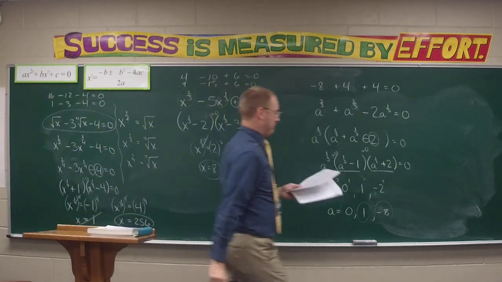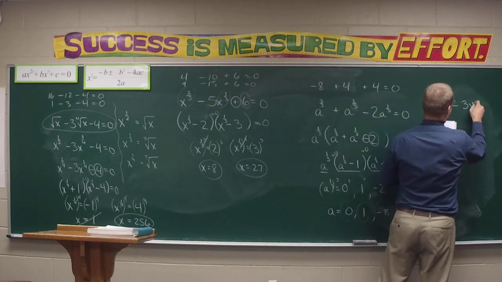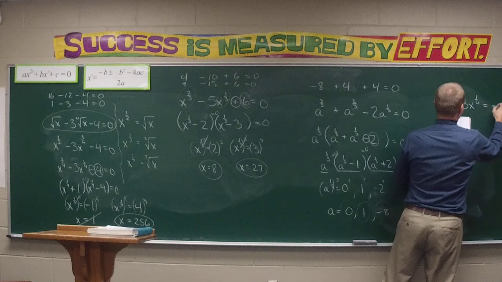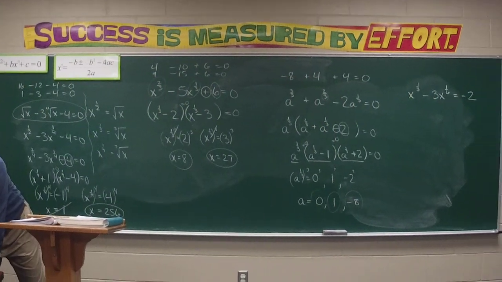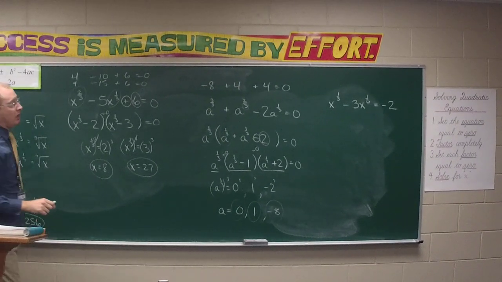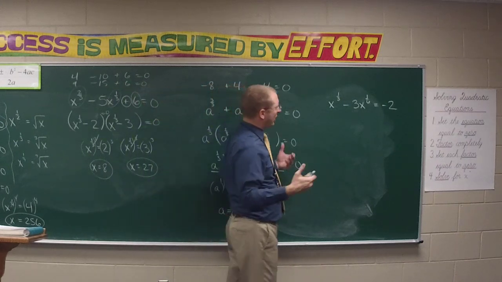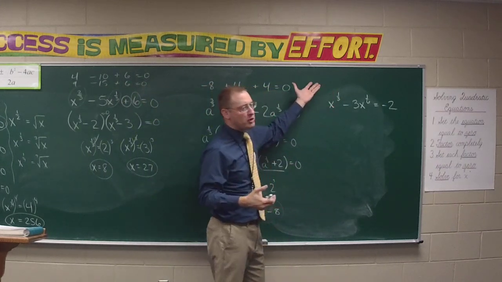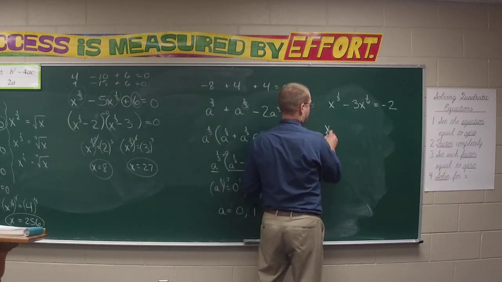How about this one? Write this one down. X to the 1/3 minus 3x to the 1/6 equals negative 2. Well, first of all, 1/3 could be thought of, Brandon, as 2/6.